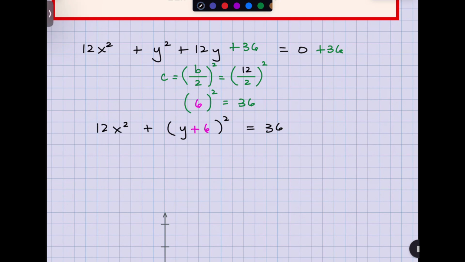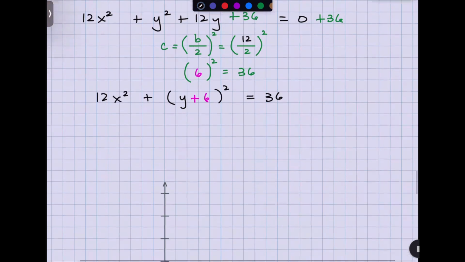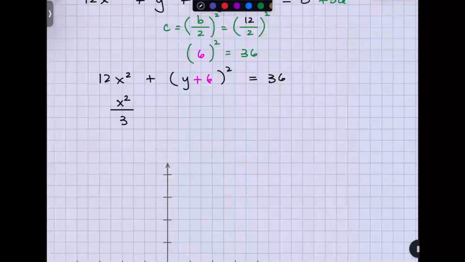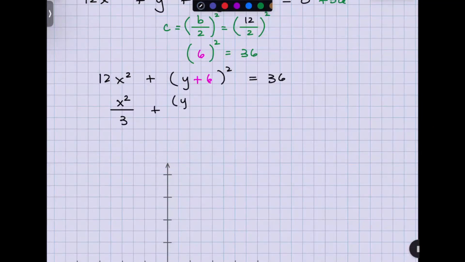So we need the other side to equal 1. So we need to divide everything by 36. So when I divide everything by 36, I'm going to have x squared over, thank you, plus y plus 6 squared over, is equal to 1. That looks way better.